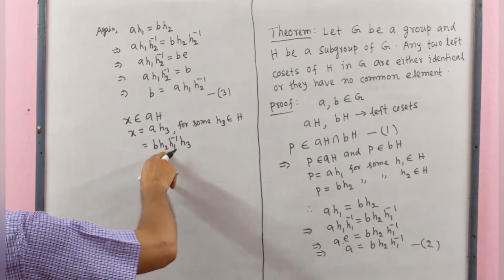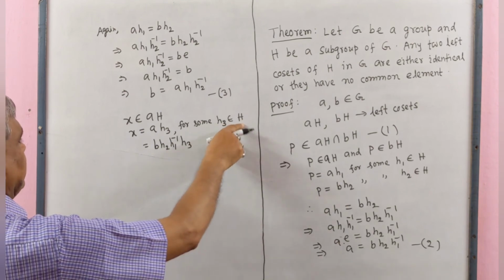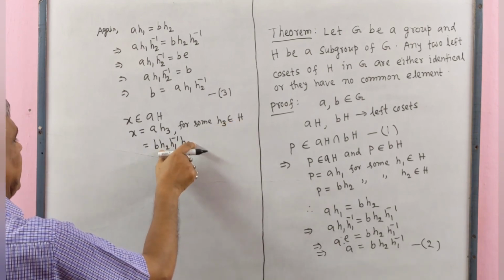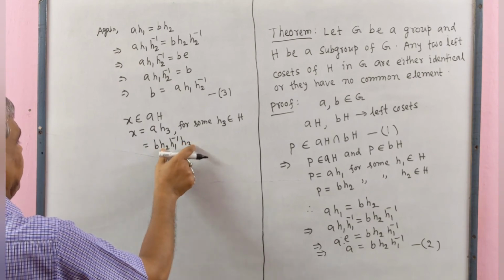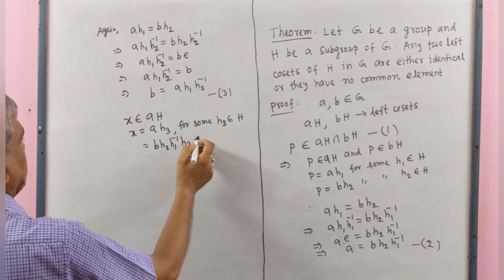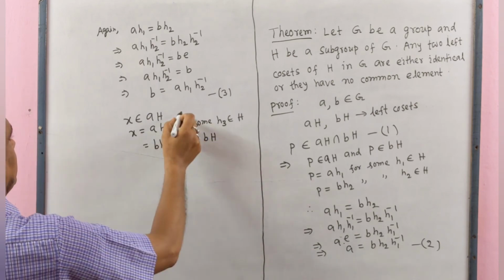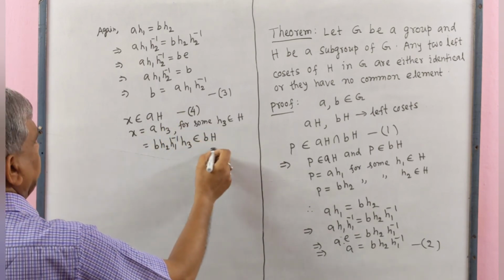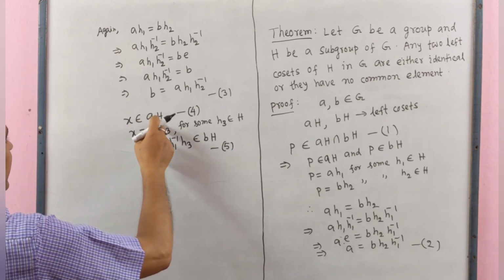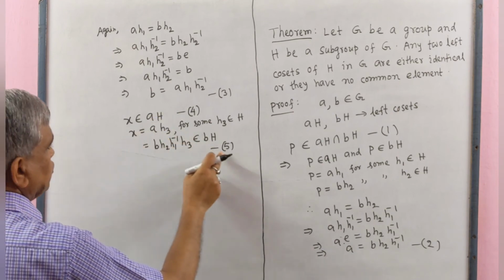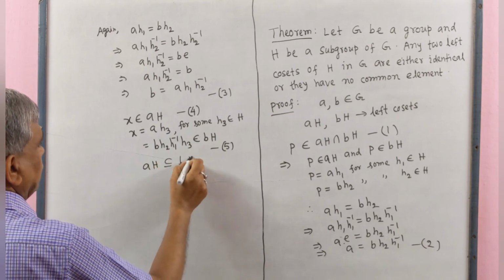Here h2, h1 inverse, h3 all are elements of capital H. Therefore, their operation will belong to capital H. So, here we get element b and element of capital H. This belongs to bH. This is number 4 and this is number 5. In 4, x belongs to aH. Here in 5, x belongs to bH. That means aH is subset of bH.